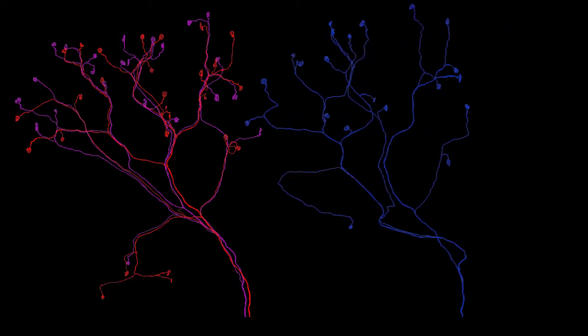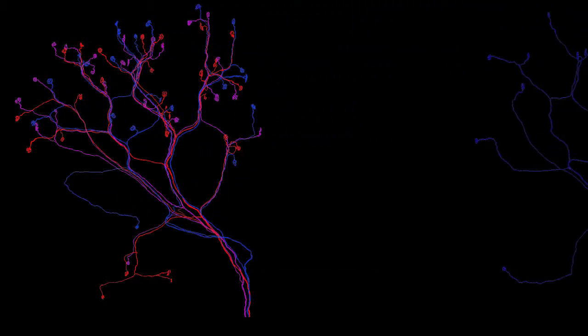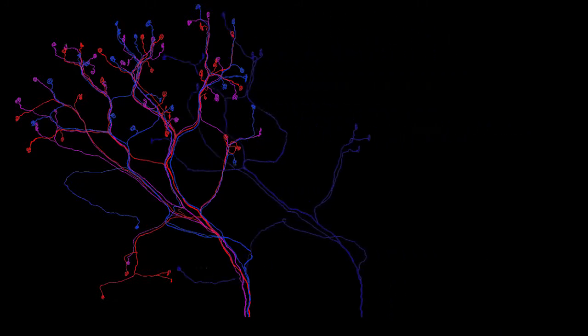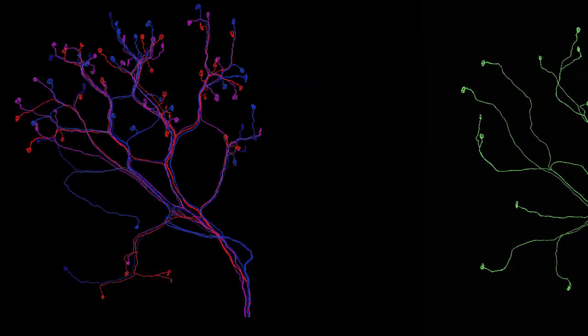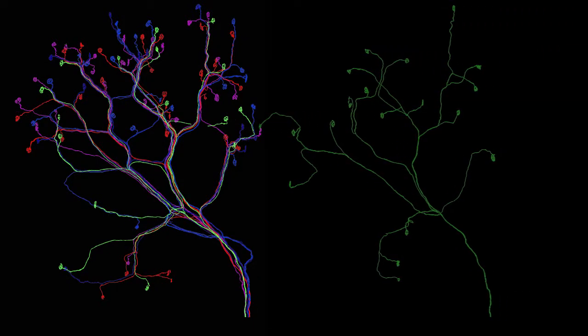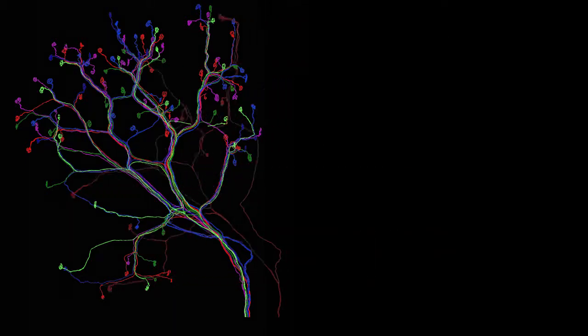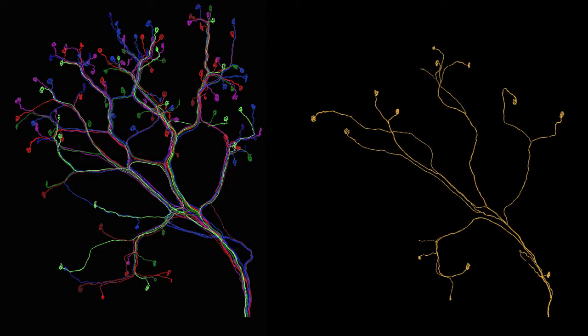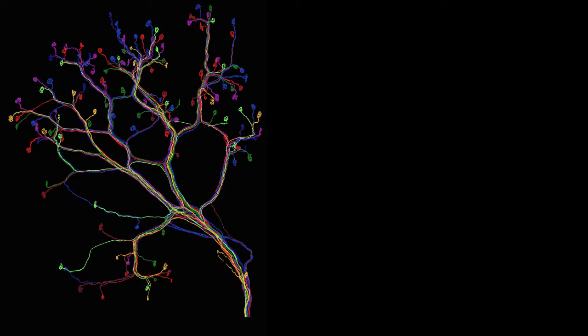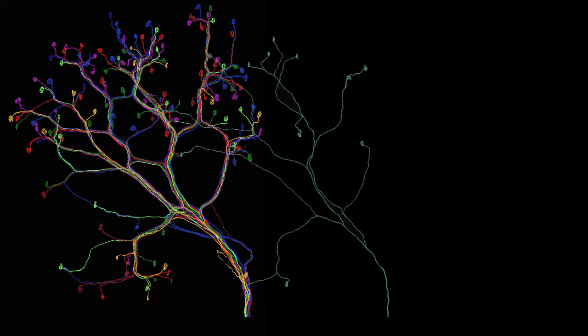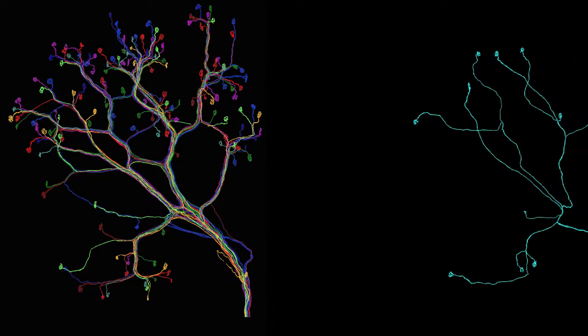And here's a third axon, and here's a fourth axon, and here's a fifth axon, and here's a sixth one. This doesn't go on forever, so don't worry. We're almost done with these. There are 15 altogether. So here we add them all on, one after another.